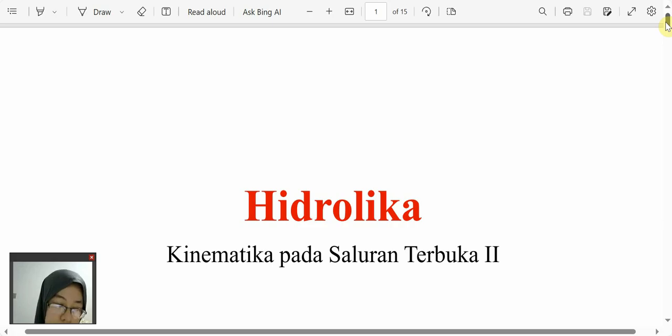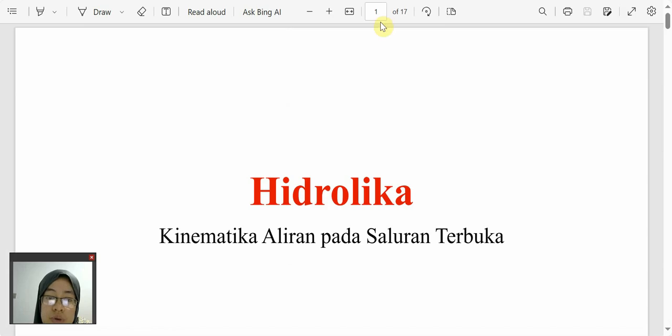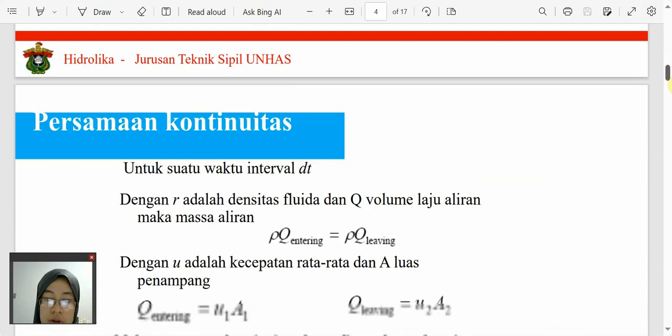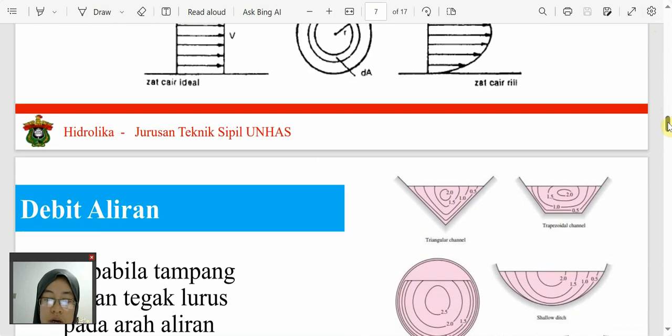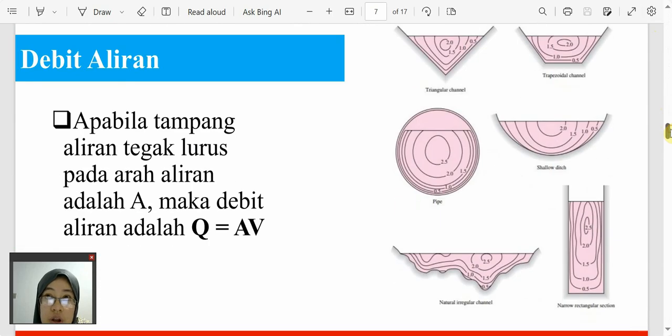We will talk more specifically about that in this lecture, because maybe if you still remember our last lecture last week, when we talked about the velocity, the velocity in the open channels is not always the same in the cross sections.